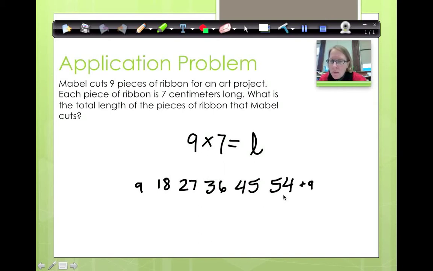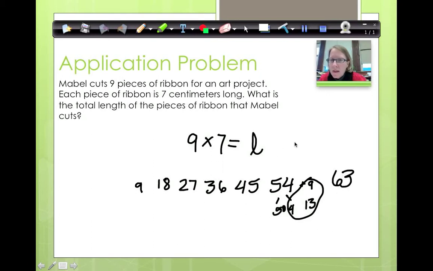And let's break this up. Let's take the 54 apart into a 50 and a 4. And what is 9 and 4? That would be 13. Now add the 50. What do we have? 63.